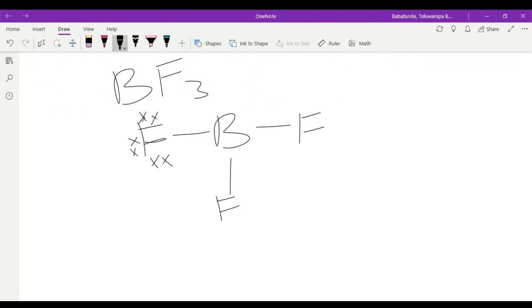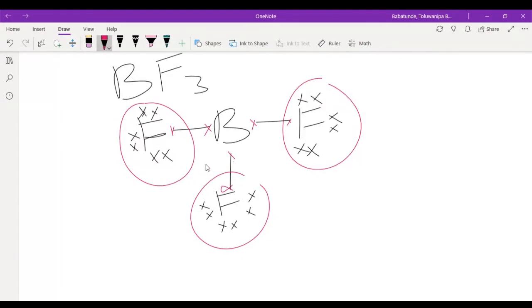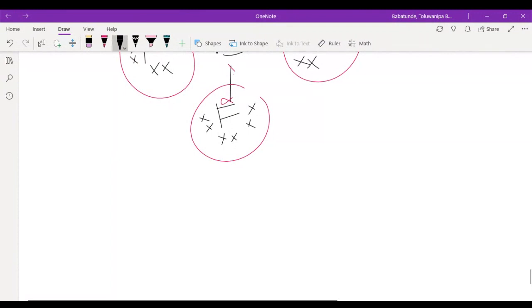This is what you're going to have with BF3. When you distribute all the valence electrons, it's going to give you this. Even though all the fluorines are happy, this is not going to give boron an octet, it's going to give you just 6. 1, 2, 3, 4, 5, 6. So those are exceptions.